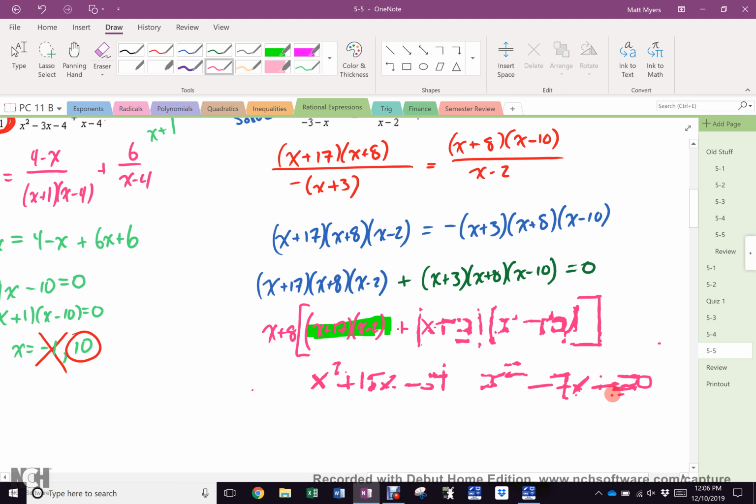Now, x squared plus x squared is what? I'm not trying to trick you like you all think I'm trying to trick you. I'm asking you to add 1x squared and 1 more x squared. How many x squareds? 2.